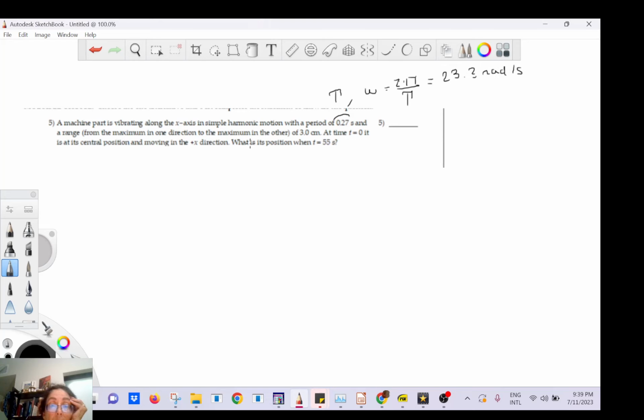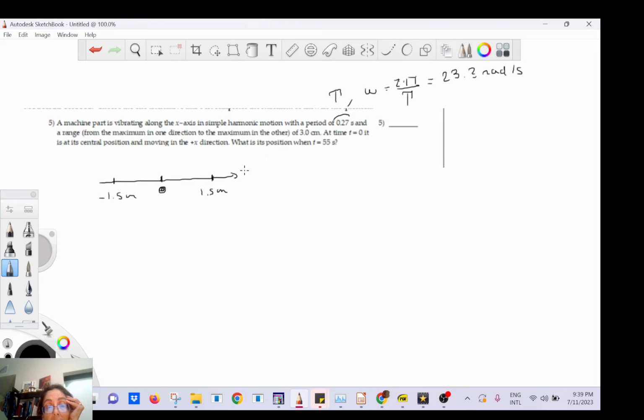So it's a machine, it's vibrating, and the range is 3 centimeters. So from its minimum to its maximum, it's 3. So that means the amplitude is 1.5.